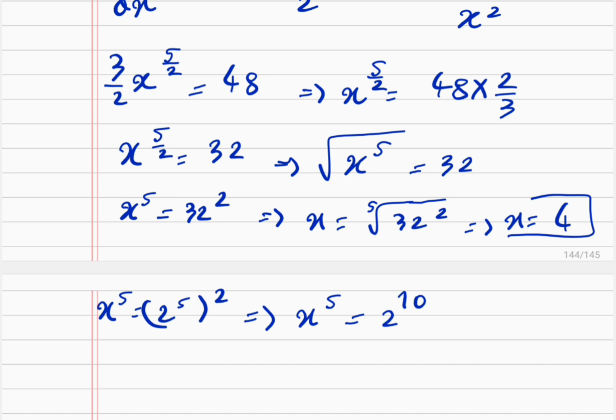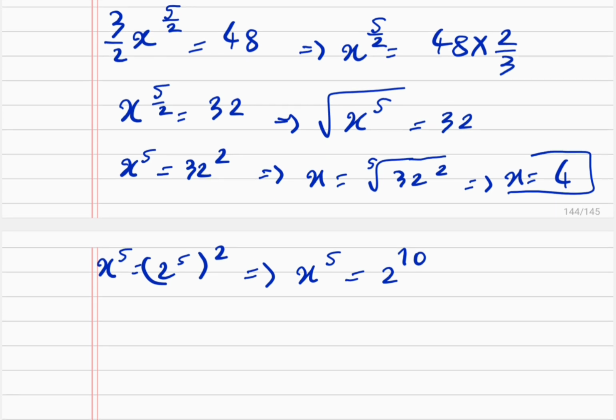One approach could be guessing here, because if x is 2 squared, then that's going to be 2 to the power of 10. We could have used logs as well. As you can see, there are many variations here, but anyway, x is equal to 4.